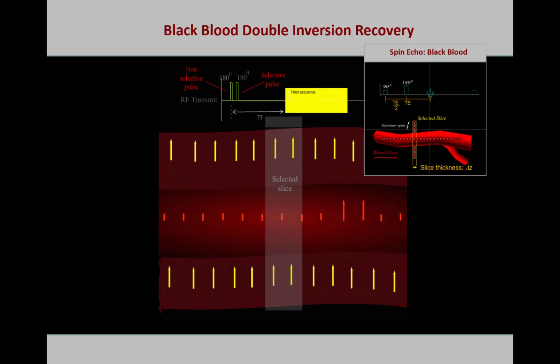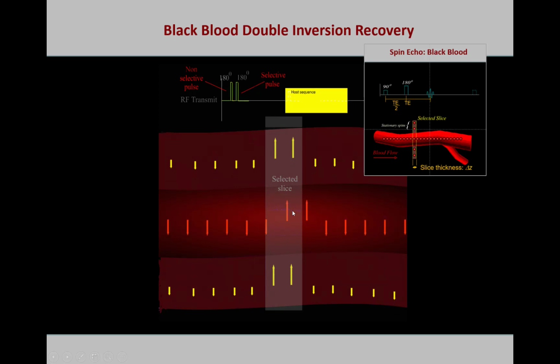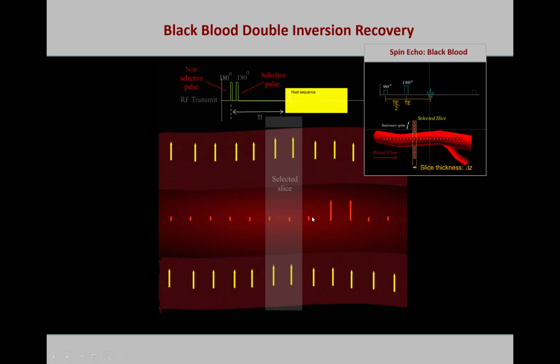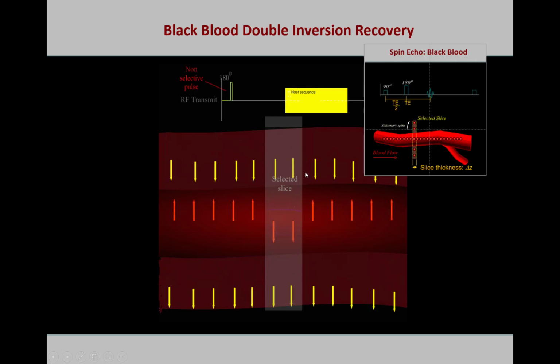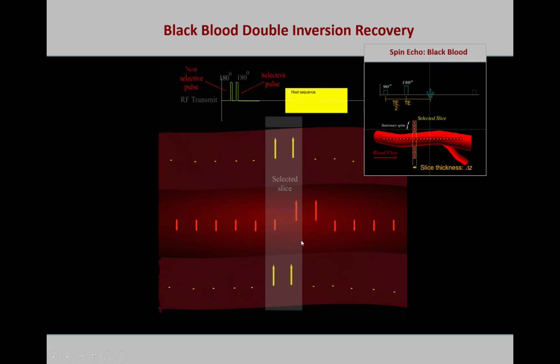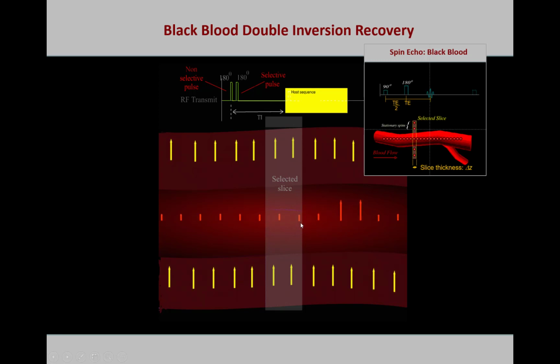So we see where the blood within the slice, the blood that does get hit by both the selective and non-selective, that blood there, that needs to pass out of the selected slice sufficiently quickly that it's not there when we start the whole sequence. Otherwise, we won't be getting our dark or black blood effect from this approach.